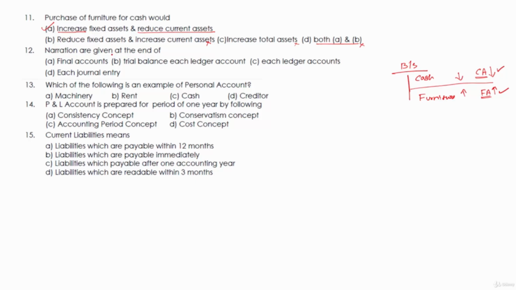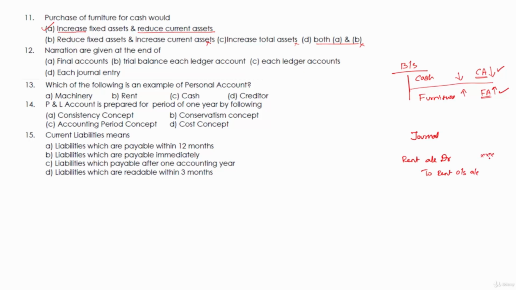Item 12. Narrations are given at the end of final accounts, trial balance, each ledger account, each journal entry. See, basically in journal entries only we give narrations. Let's say for example we say rent account debit to rent outstanding account.